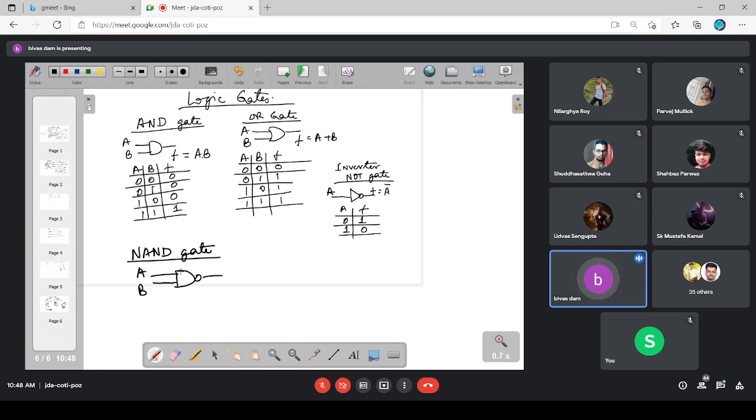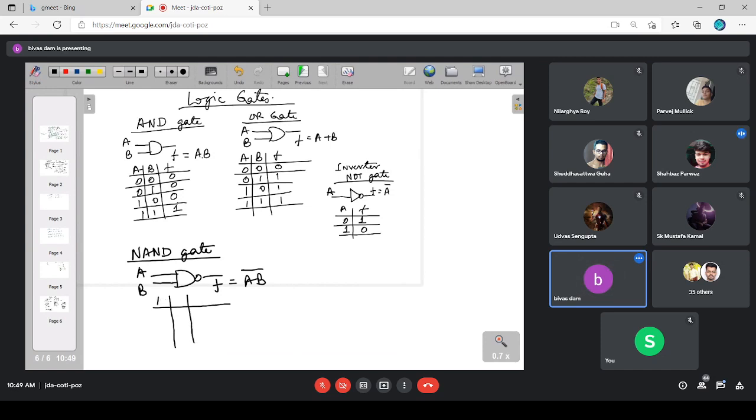So what is the output of the AND operation? A dot B. And what is the output of the inverter operation? Complement. It will be A B bar. How many possible input combinations? 4.